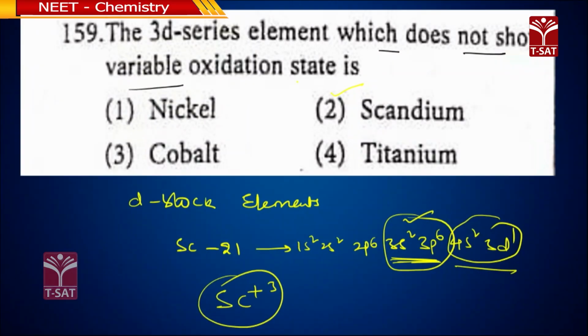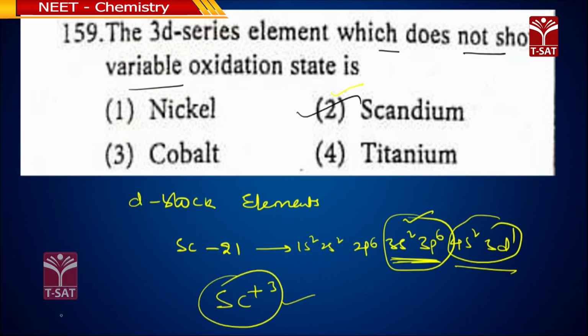So, that is why it will be only showing +3 and the single oxidation state. It will not show multiple oxidation state, like other elements of D block will show multiple oxidation state for their stability, right? So, the option 2 is the correct answer for this question.